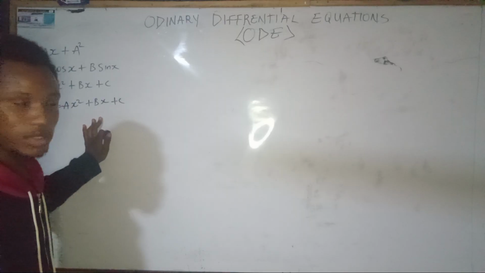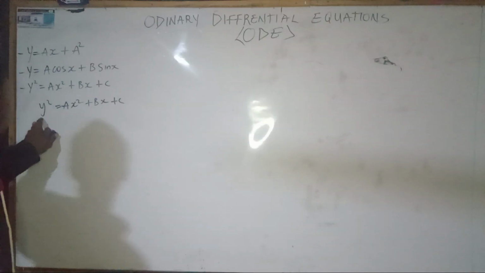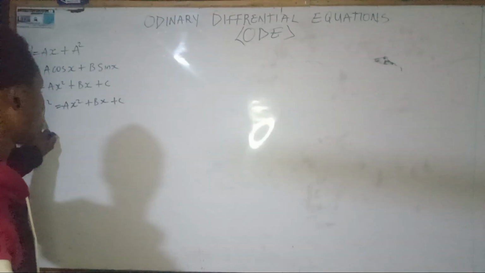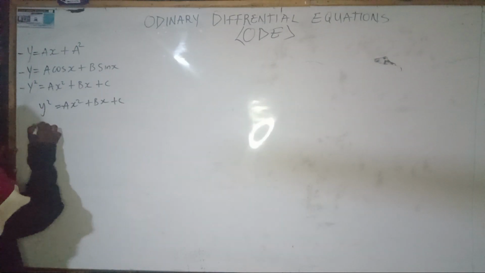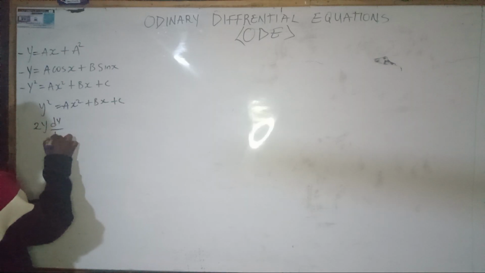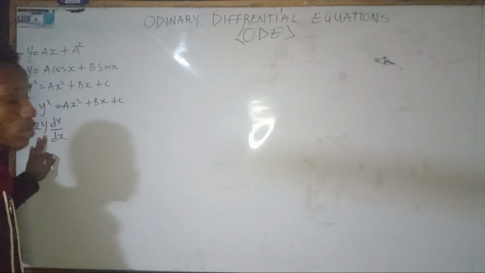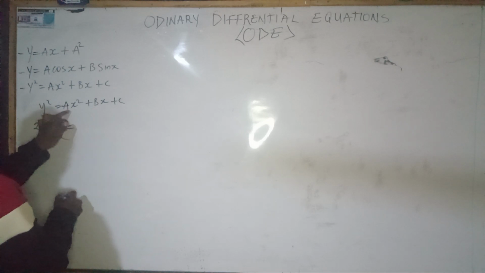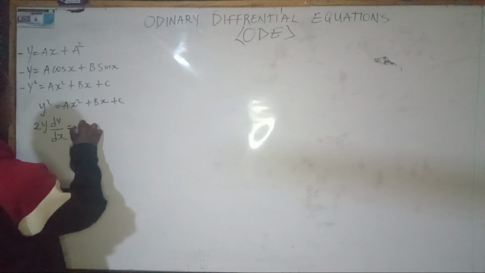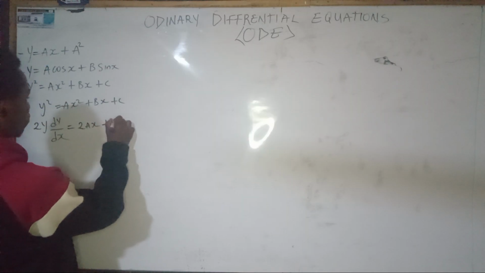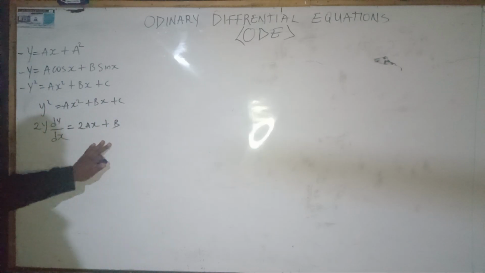And if we differentiate this, because this is going to give us an implicit function, we are going to have to differentiate y here. So we are going to be having 2y dy/dx over here. And then if we continue our differentiation here, we have 2ax here, and we have plus b.